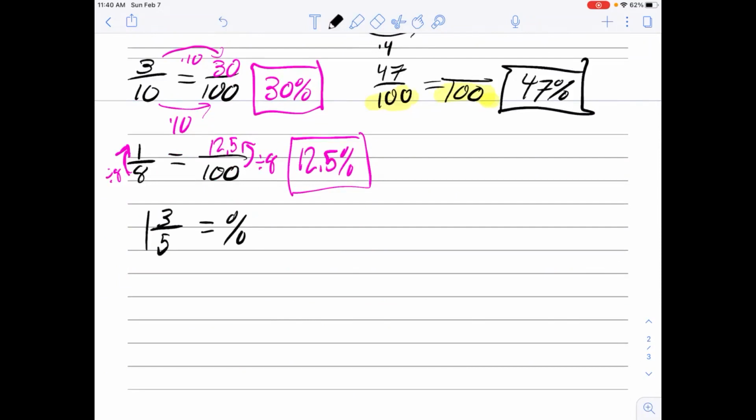One of them is to just turn this into an improper fraction, and once it's an improper fraction, you'll be able to use a proportion with 100. So turn 1 3/5 improper, then make it a proportion, and then you'll use that as your check to get into the next thing.